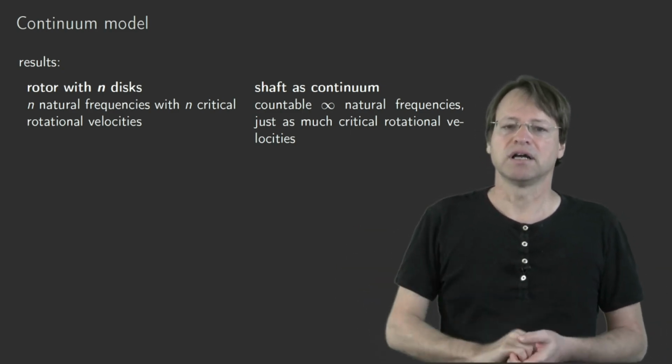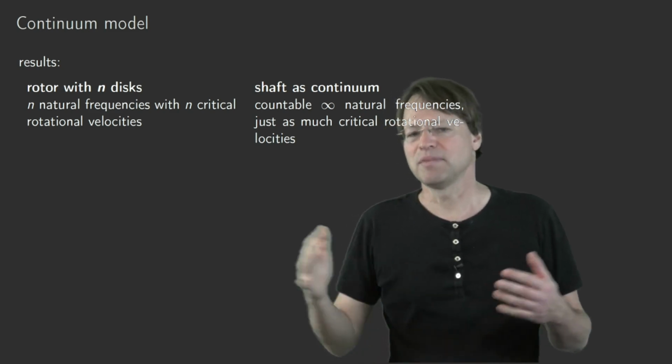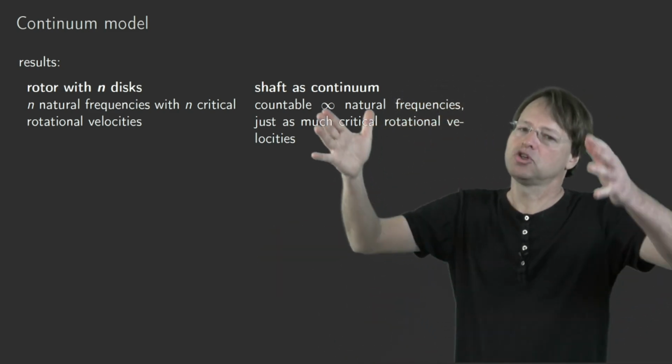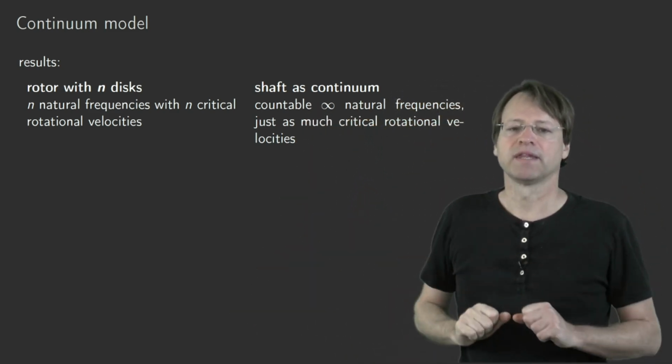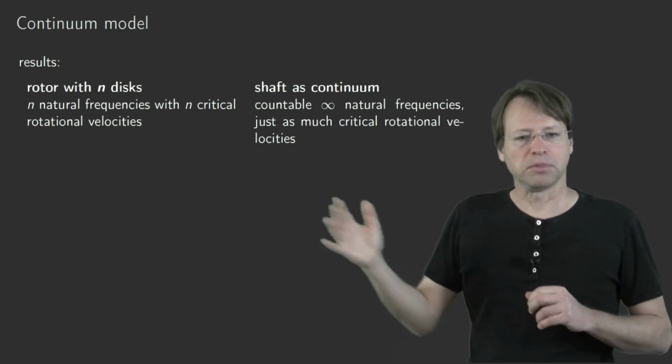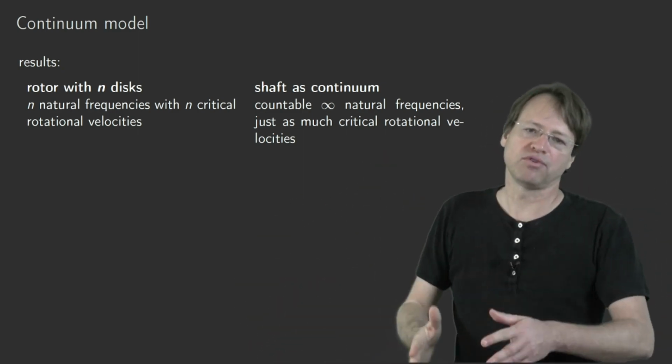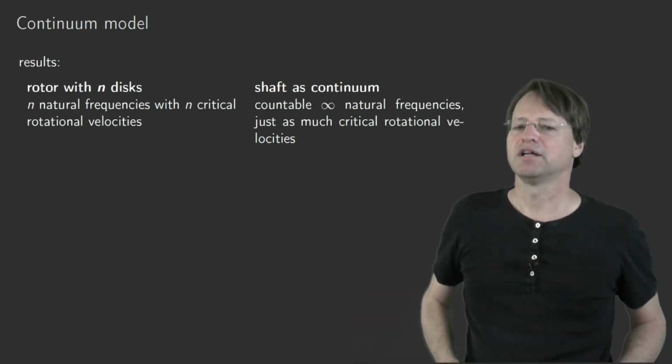They are countable, infinitely many natural numbers, but in between two natural numbers, there's a lot of space. Between 1 and 2, there's 1.5, there's 1.7, 1.8, and so on.